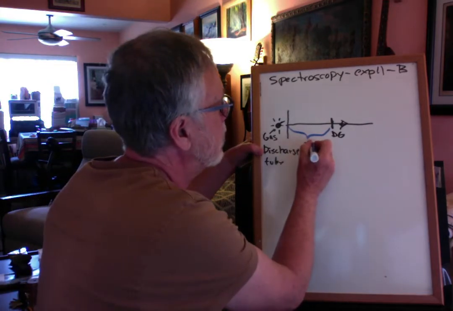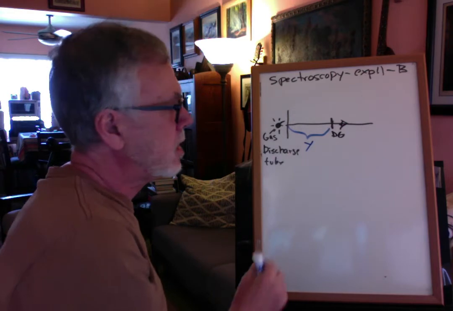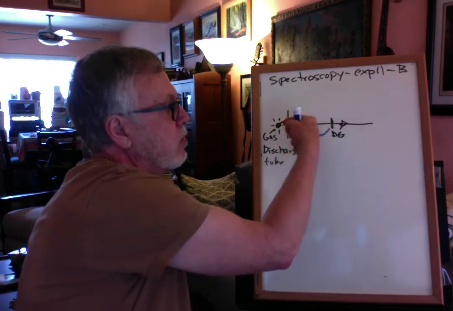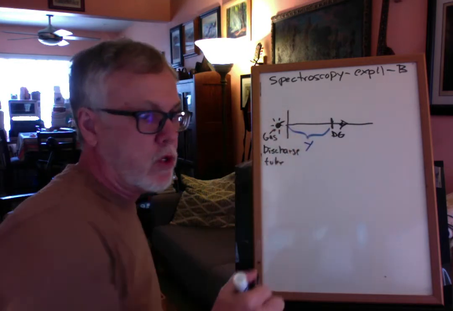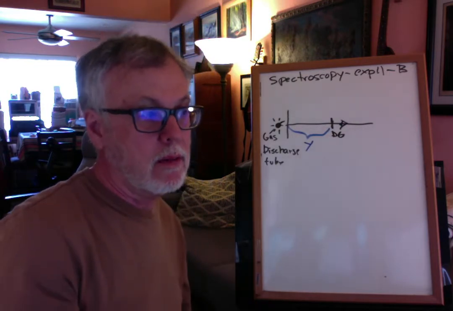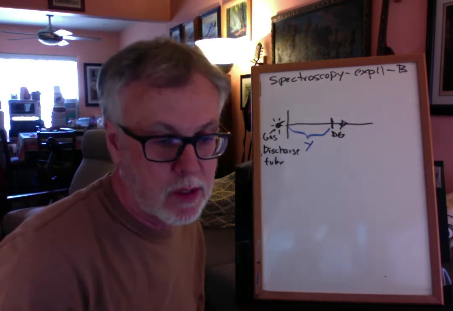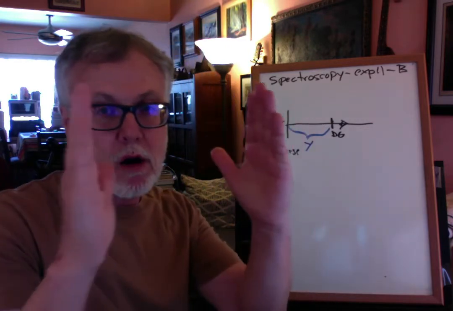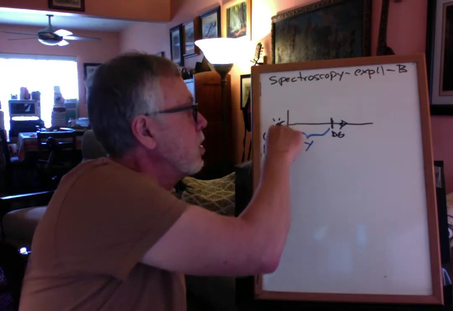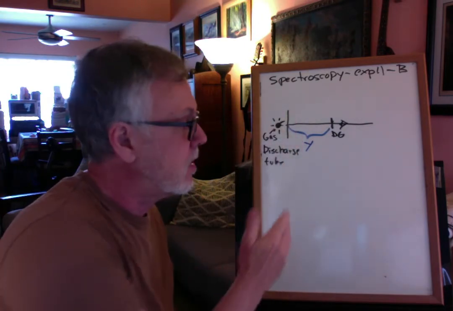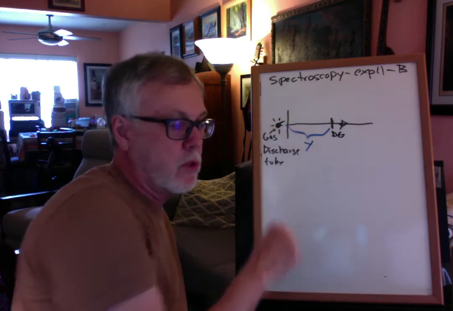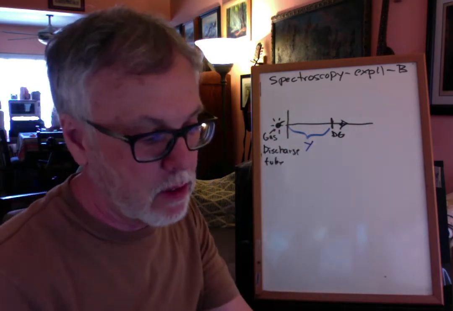You move the diffraction grating back and forth, looking through it with the tube turned on, and you'll see the outer spectral lines moving in and out along the little ruler. You want to position it so the outer spectral lines are as far out as possible before they fall off the ruler.